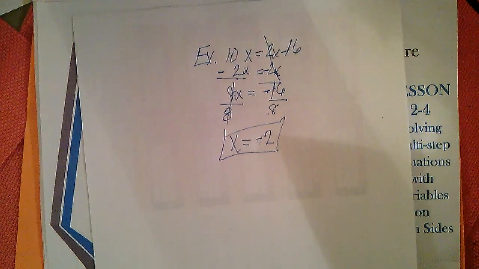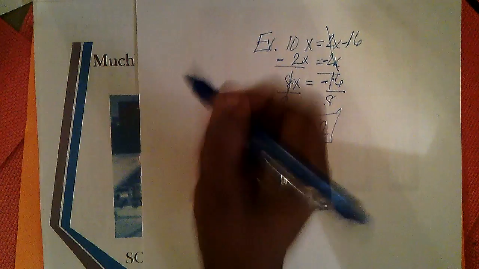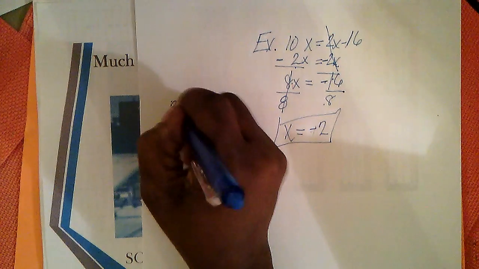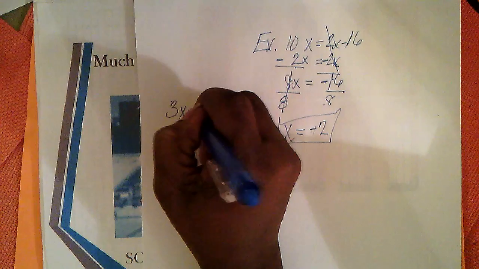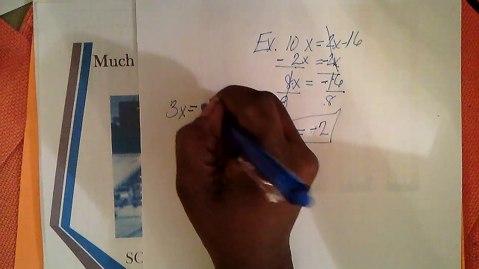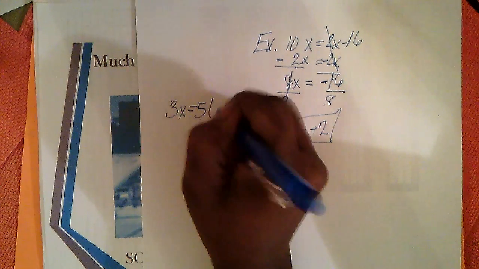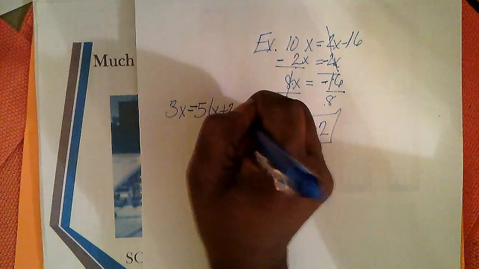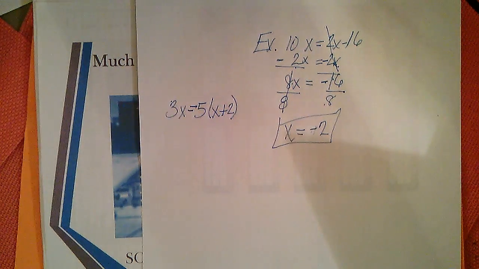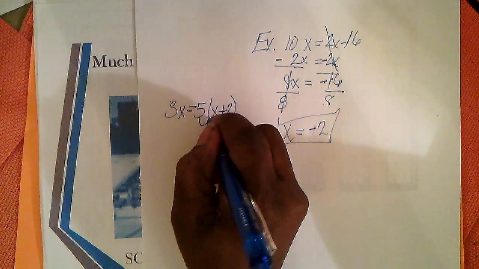Then here is another example from the page. I'm just doing an easy start. They start off with the distributive property.